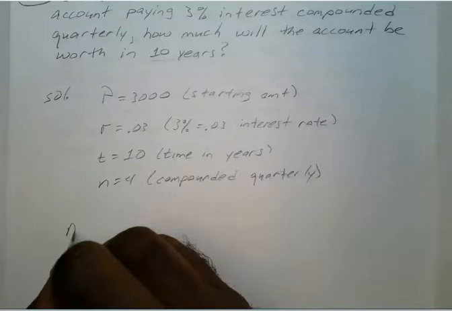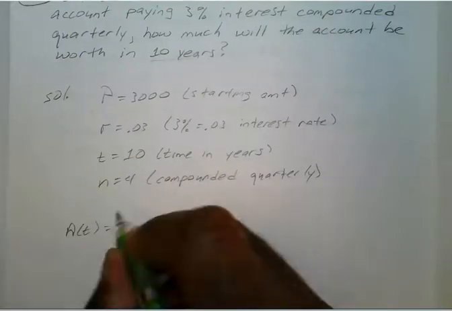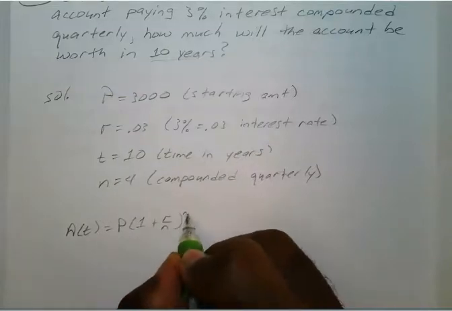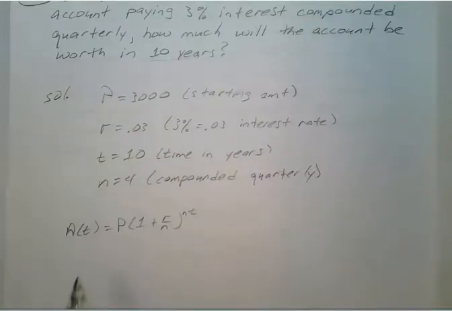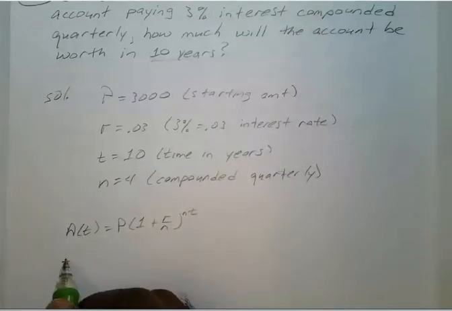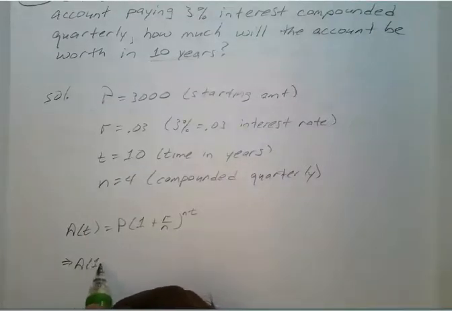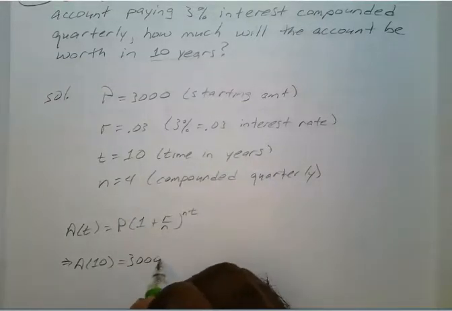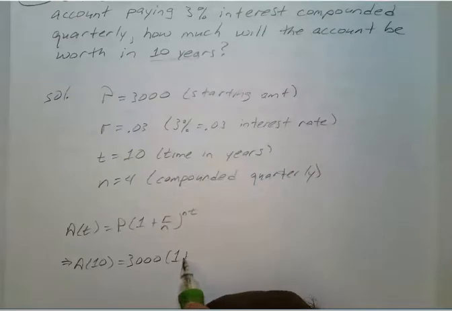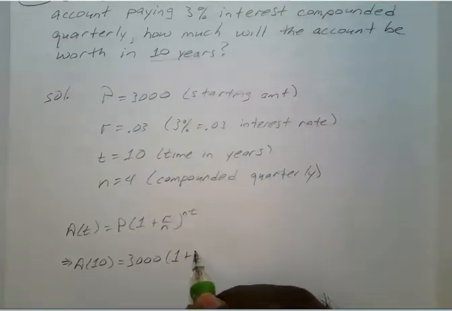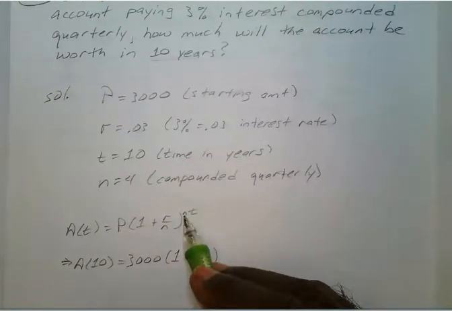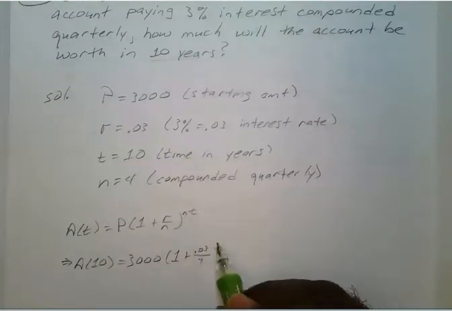All right, so we know that our formula, A of T, is equal to our principal times 1 plus R over N, to the power of N times T. So since our T is equal to 10, this means that our amount after 10 years is equal to our principal, which is 3,000, times 1 plus our interest rate over N, so 0.03 over 4, raised to the exponent N times T, so 4 times 10.